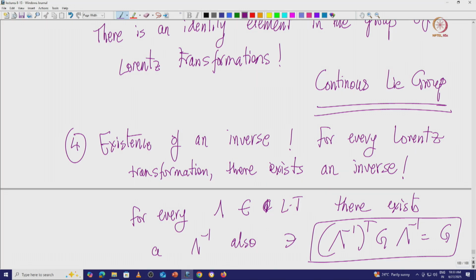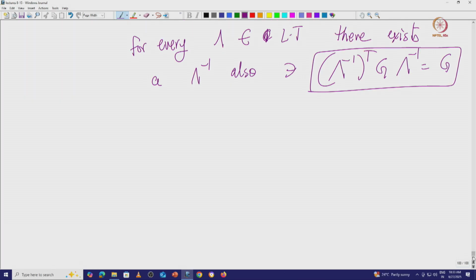Lambda inverse transpose G lambda inverse is equal to G is nothing but saying that lambda inverse transpose is nothing but lambda. In some sense, it shows that it is the inverse of lambda inverse, which is nothing but lambda.